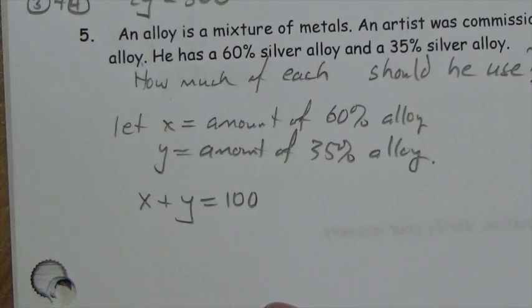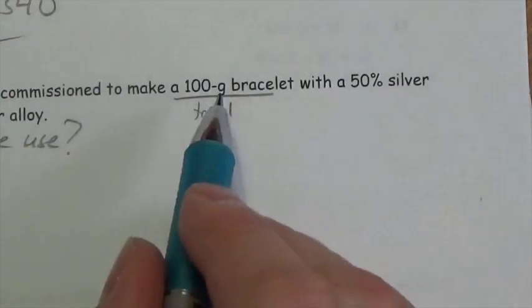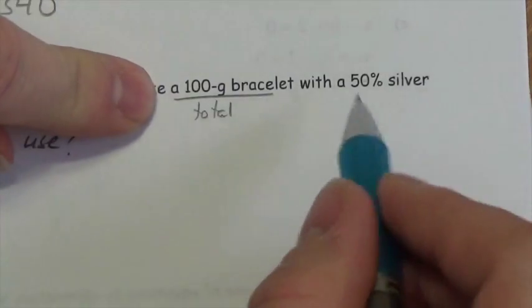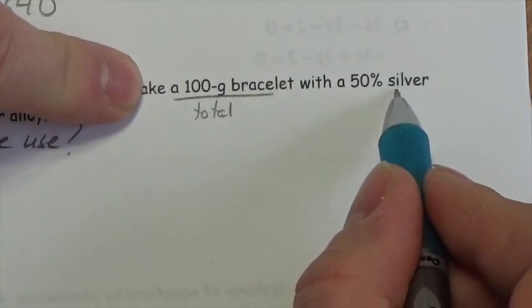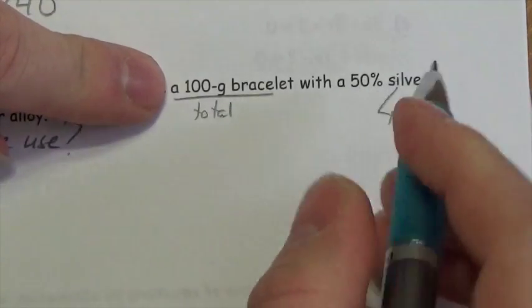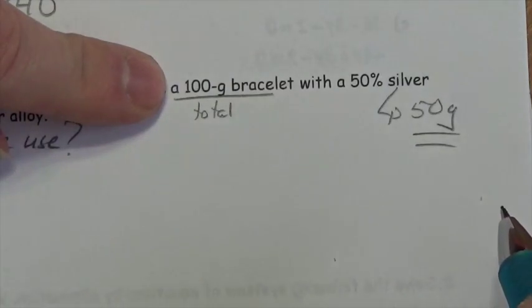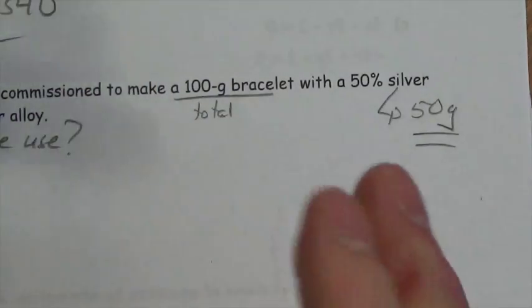The other one that's not quite as obvious, but it's still there, is that the bracelet is supposed to be 50% silver. It's not exactly written here, but if it's a 100-gram bracelet and 50% silver, that means we've got 50 grams of silver. So the question is really about the amount of silver.